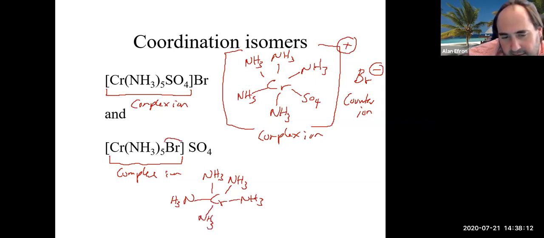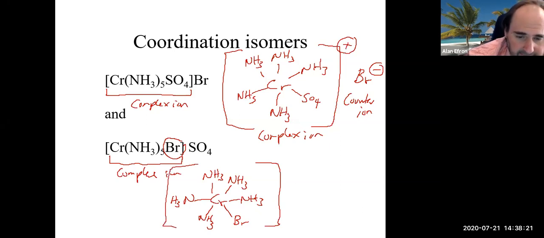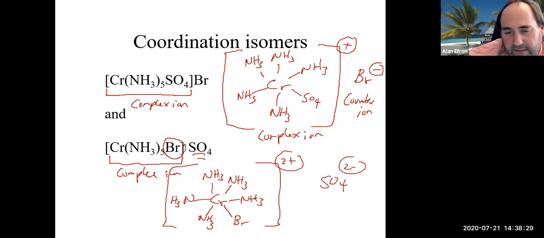But now on the inside attached is actually the bromine, which if we take the overall charge, that's a +2 charge for that complex ion part. And that is why we have now the sulfate on the outside that has a -2. In this case, our sulfate is the counter ion.